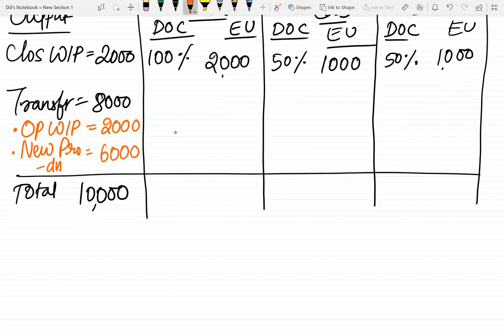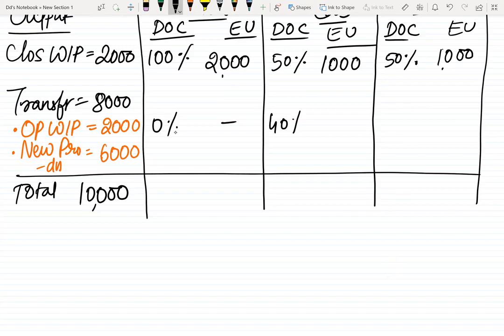Correct. Sir, for opening WIP, what to write under DOC? Go back to the question table. Opening WIP, material 100% was complete when it came as opening WIP. That means how much do you have to spend? 0%. Sir, why 0%? Because everything is already incurred 100%. Correct, sir. What about labor? 60% was incurred.